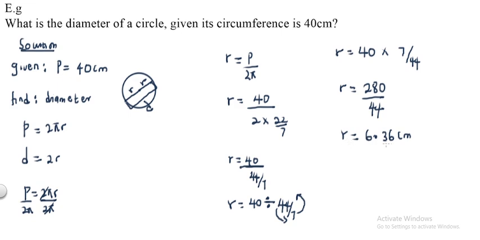Since r is 6.36 centimeters, d will be equal to 2r. And if d is equal to 2r, we have 2 times 6.36. This implies that d is equal to 12.72 centimeters. So this is our final answer.